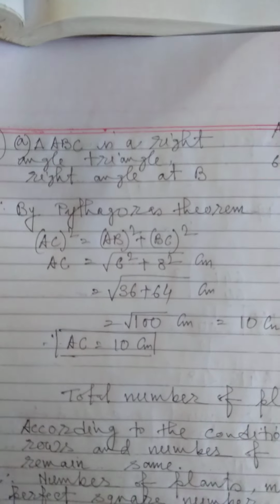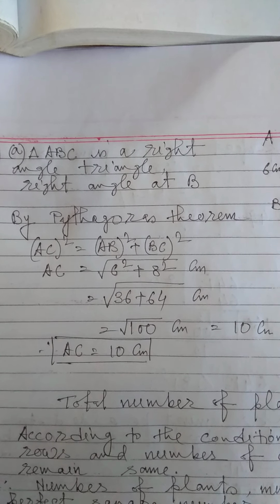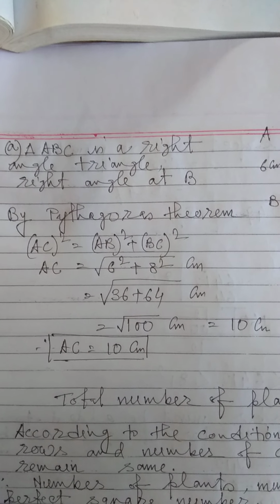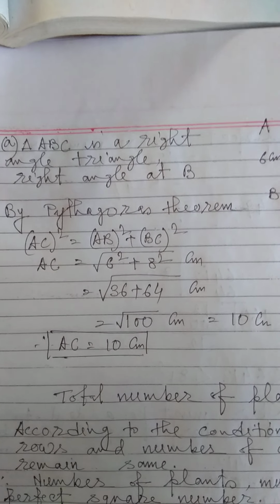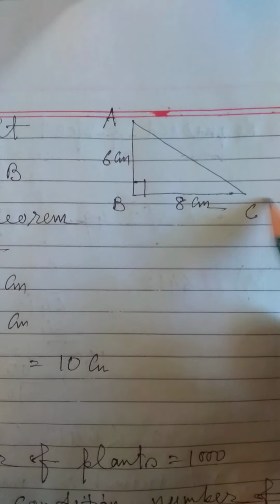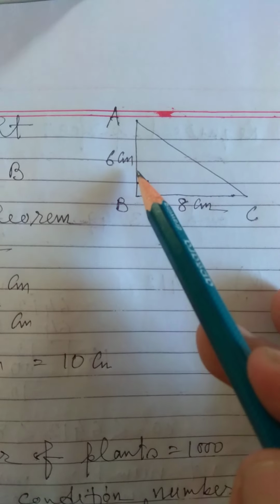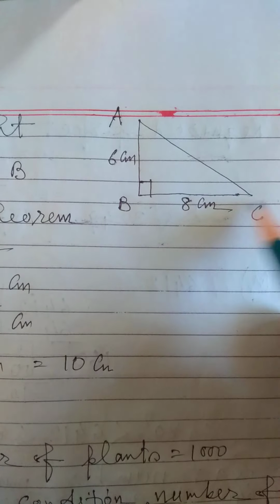Now question number 7. In a right angle triangle ABC, angle B equal to 90 degree, AB equal to 6 cm, BC equal to 8 cm, find AC. So this is the right angle triangle, where angle B equal to 90 degree, AB equal to 6 cm, BC equal to 8 cm, it is given.